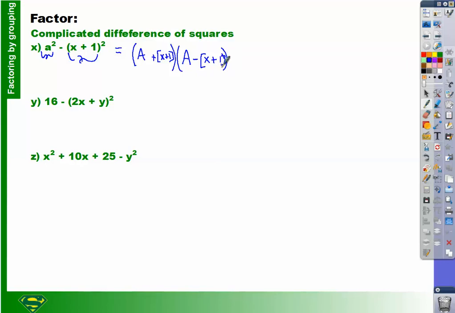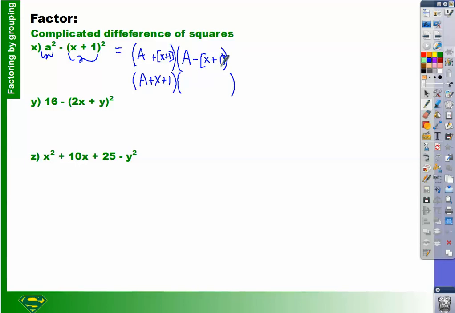So I have successfully factored this as a difference of squares, but I am not done. This is not in simplest form. I have a plus the quantity x plus 1, so this can just be written as a plus x plus 1. On the other side, I have a negative in front of the x and the positive 1.